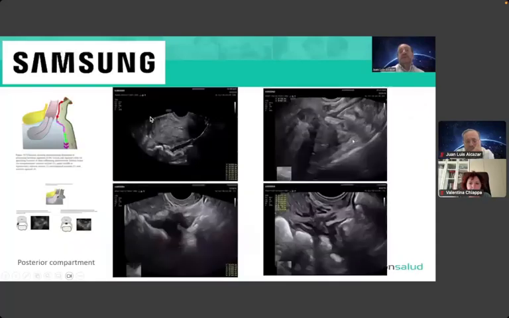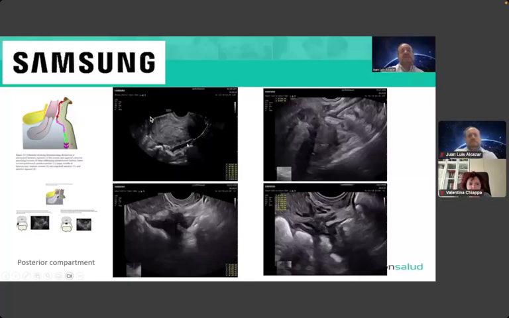And the posterior compartment implies the bowel with the lower rectum, which is the extraperitoneal part of the rectum, the upper rectum, the intraperitoneal part, the sigmoid, and also the uterosacral ligaments and the rectovaginal septum.